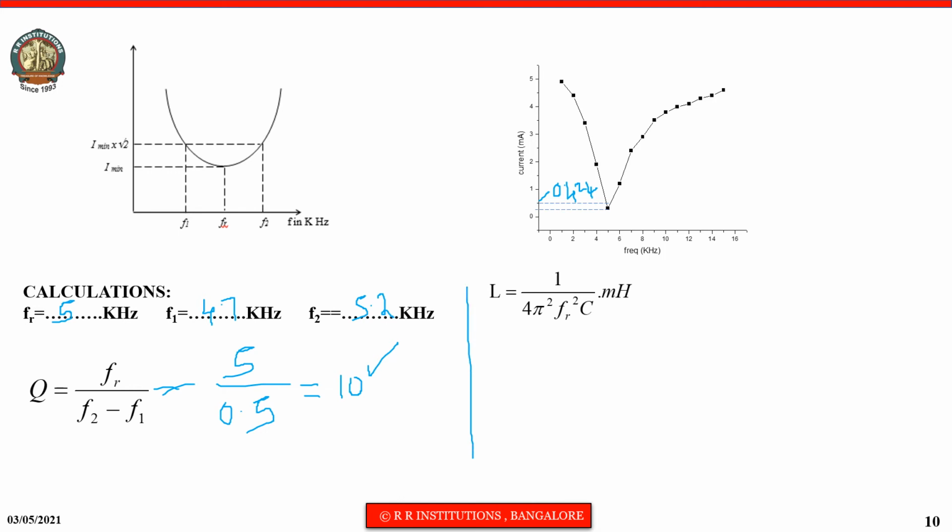Now let us calculate inductance. As the resonance frequency is the same as in the series circuit, we are going to get a similar calculation, and the result will also be the same because we have used the same inductor here also. L equals 1 divided by 4 times 3.142 squared, times fr squared, times C. FR in this case is also 5 kilohertz, so 5 into 10 to the power of plus 3 squared.